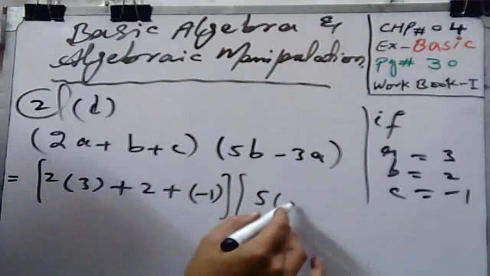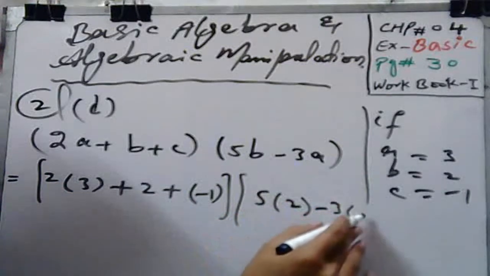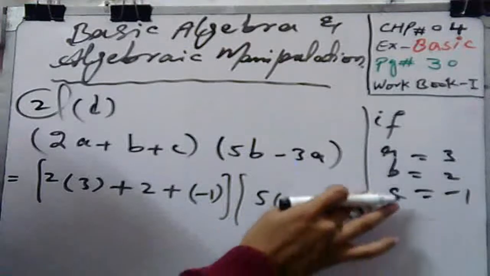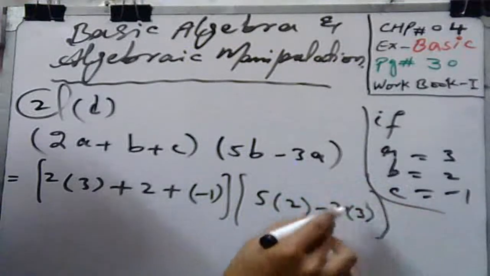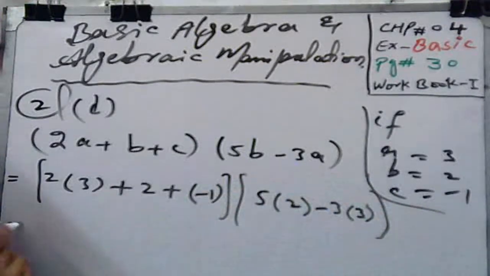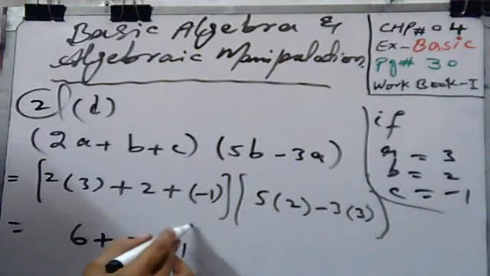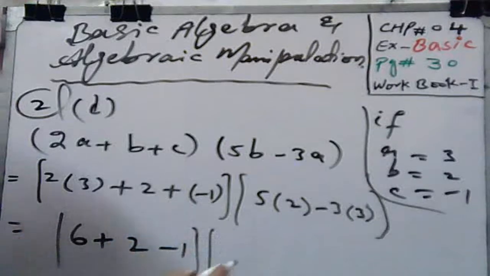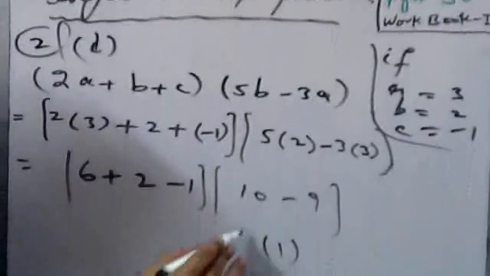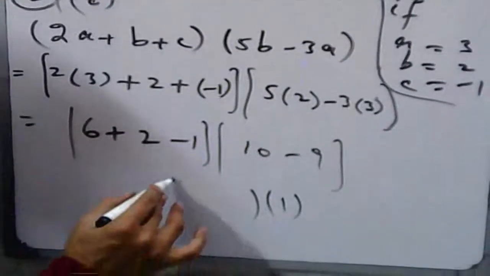Now 3 2s are 6 plus 2 minus 1, and 5 2s are 10 minus 9. From here 6 plus 2 is 8, 8 minus 1 is 7, and 7 1s are 7. That is the result.